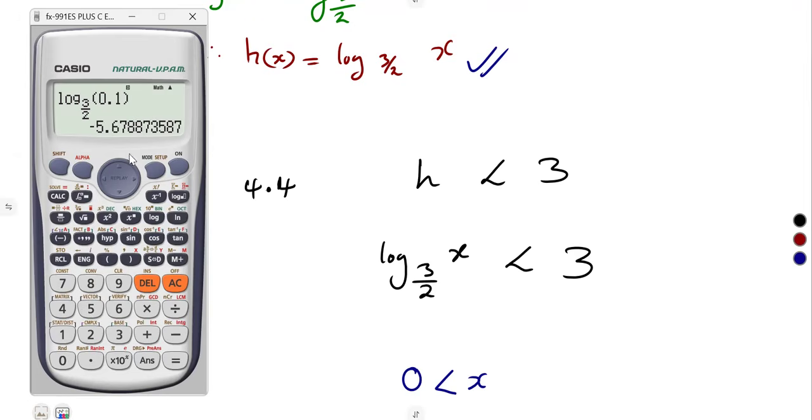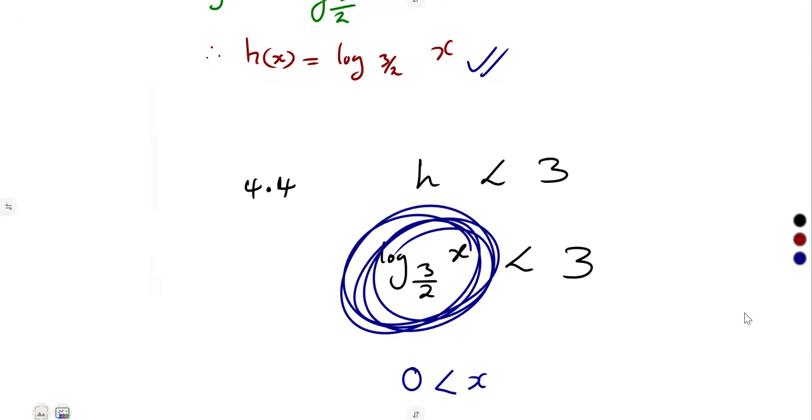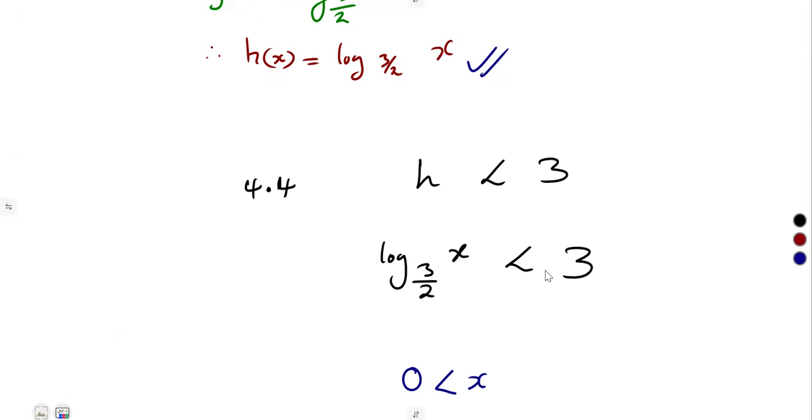That alone, a logarithmic inequality, limits your x on its own. X must be greater than 0, not equal to 0. You cannot obtain the log of 0.